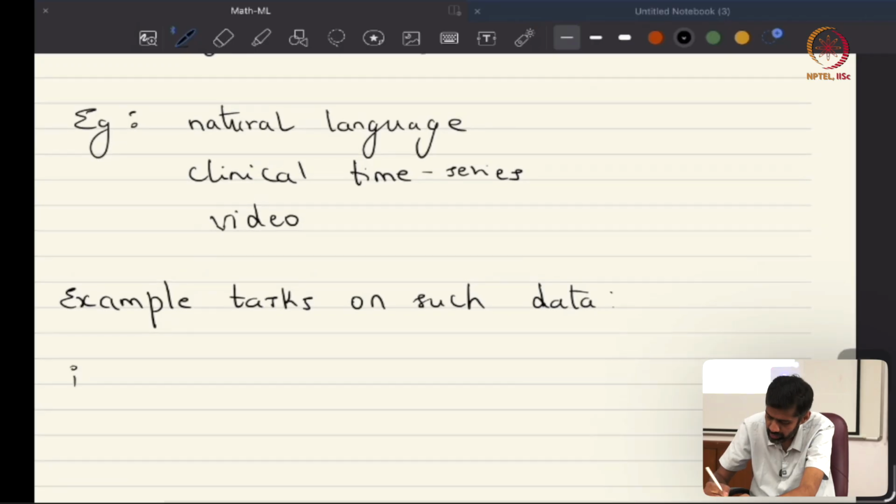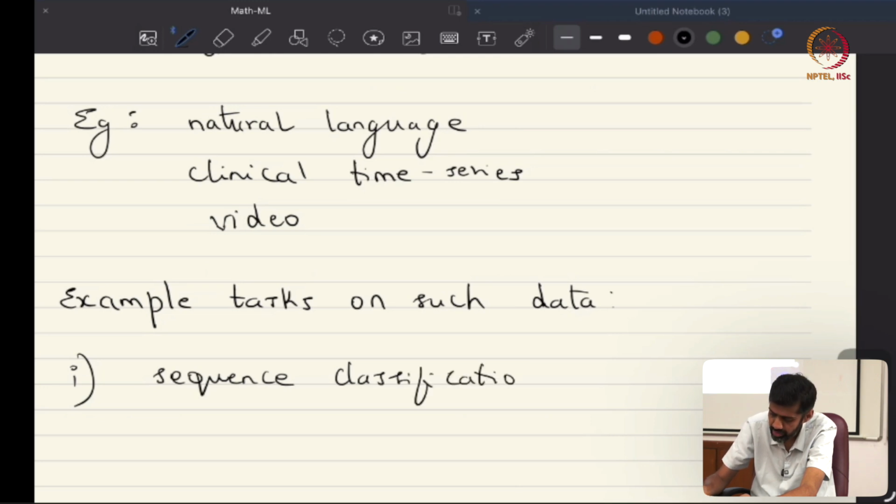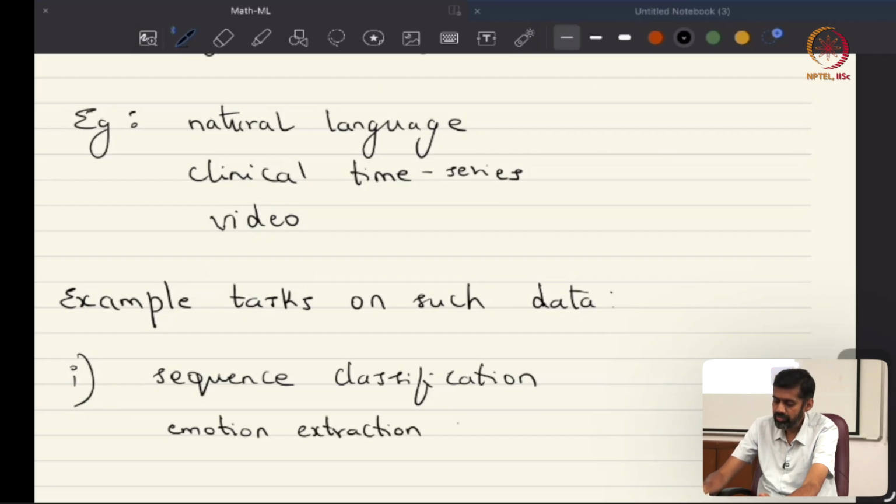One is now sequence classification. So sequence classification is an example where, given a time series, you assign a scalar label to it. An example of this can be, let us say, emotion extraction from text.